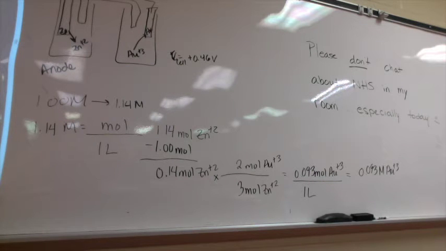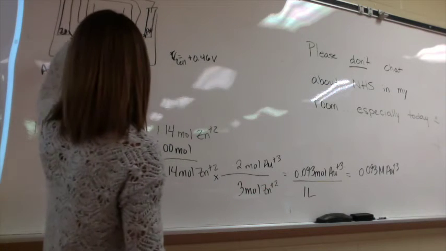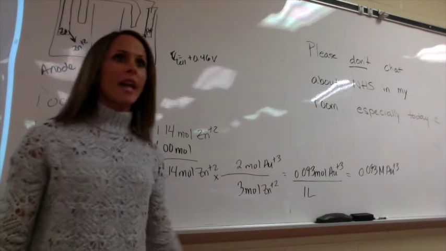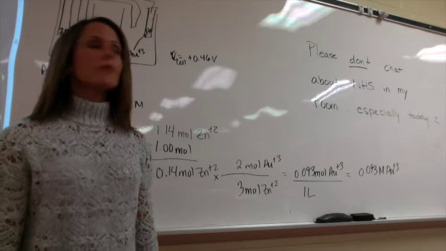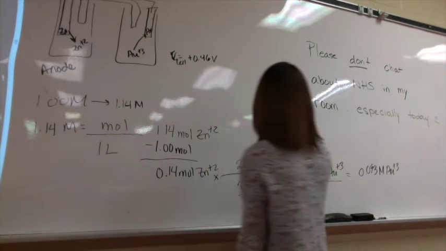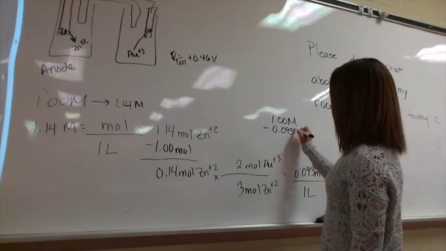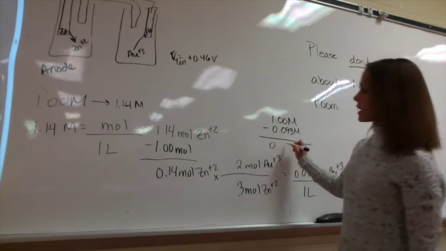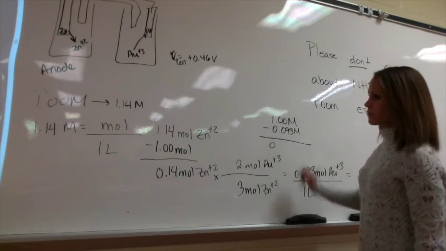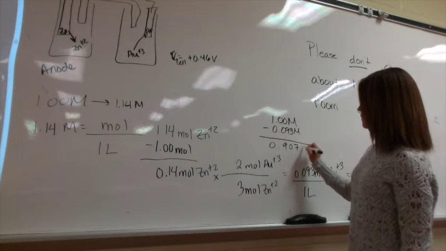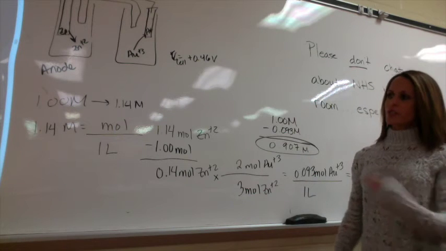So what are you going to do? If this is being made, this is the amount that's going away. So do you add or subtract from 1? Because it's going away. So I take my 1.00 molar, and I subtract my 0.093 molar, and I get 0.907. I know, I just wrote the wrong thing.